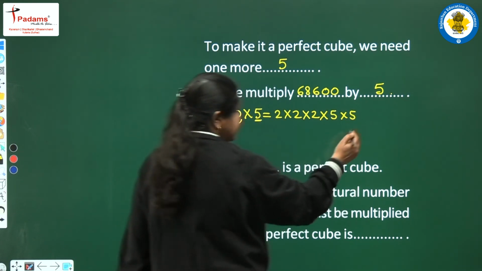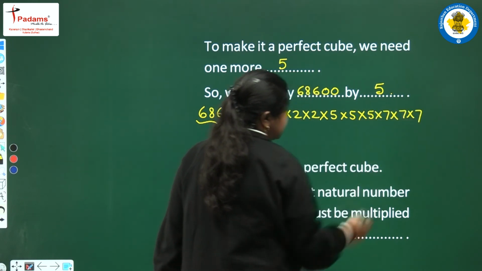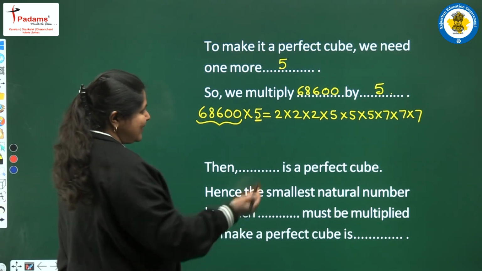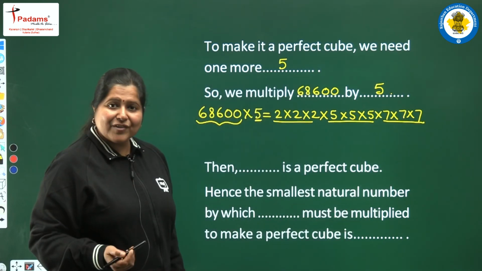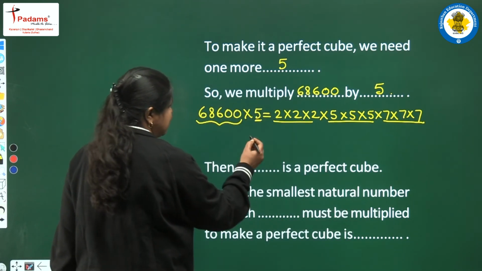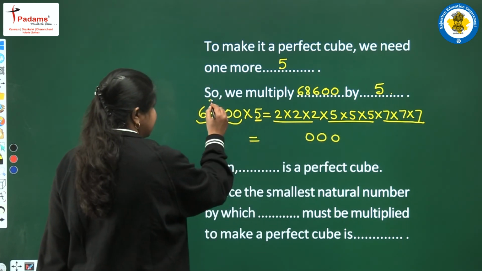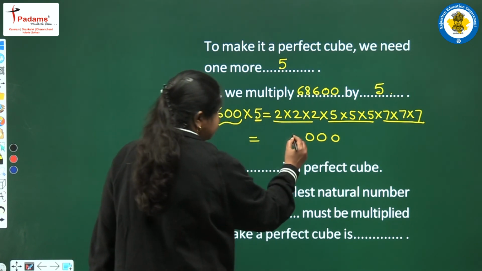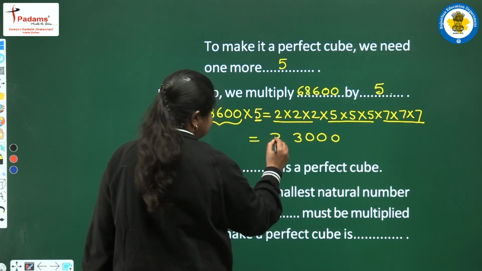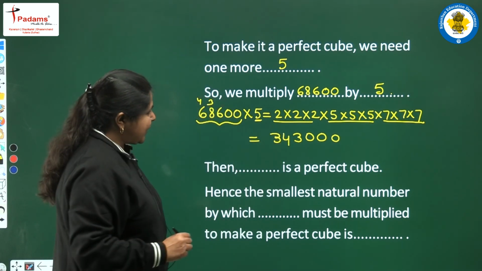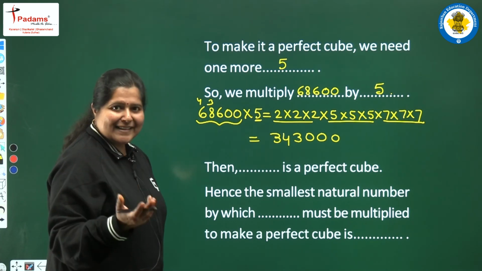So instead of writing this 5 at the last, we write it along with the other 5s, and along with that we have 3 times 7. And now you see, when we form the triplets, all the 3 factors are in the form of triplets, and if we multiply we get the answer as 00, 5 6 are 30, 3 carried, 5 8s are 40, and it will be 43, 4 carried, 5 6 are 30, and it will be 34. So it's 3,43,000. And is it a perfect cube? Yes, it is a perfect cube.